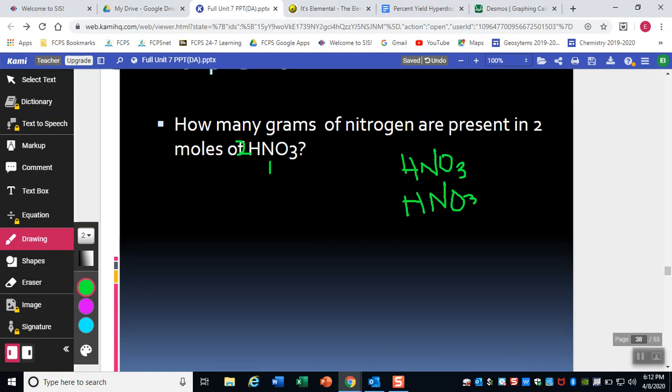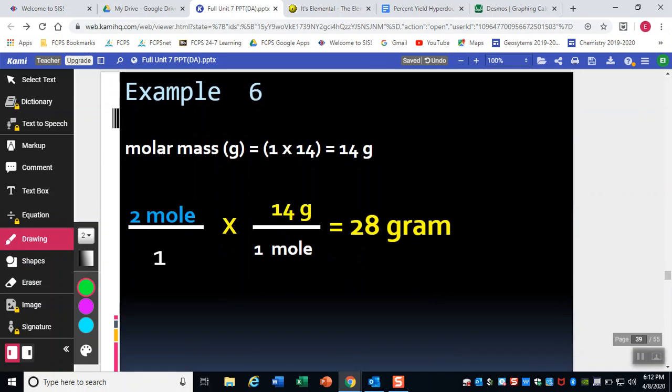And so I have 2 nitrogens, and each nitrogen is 14 grams per mole, right? So I have 2 moles. The moles go away, and then that would give me 28 grams of nitrogen.